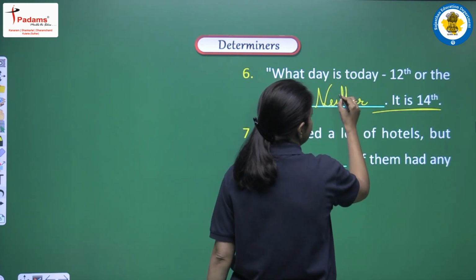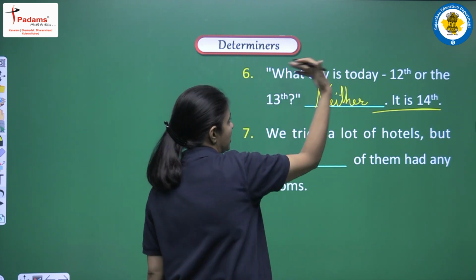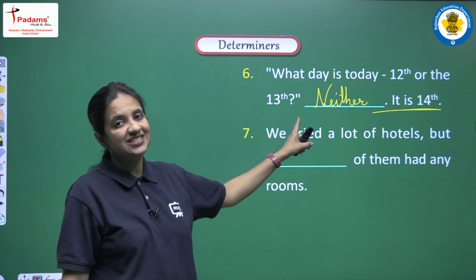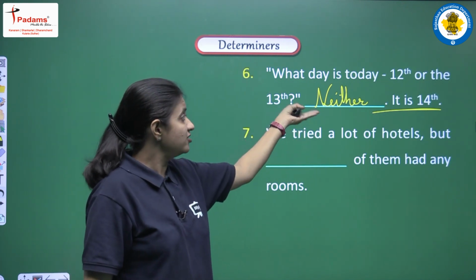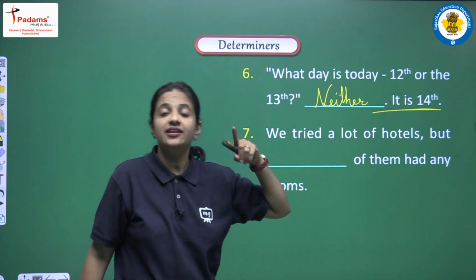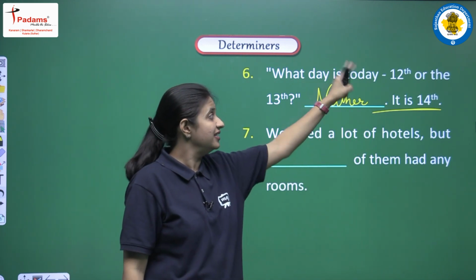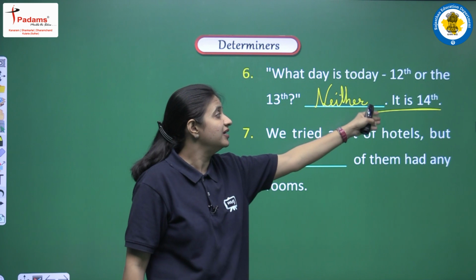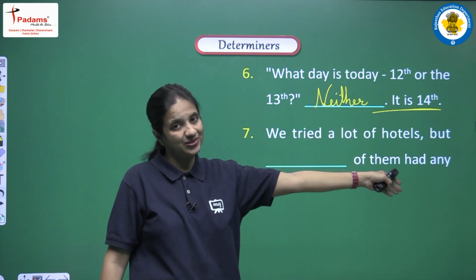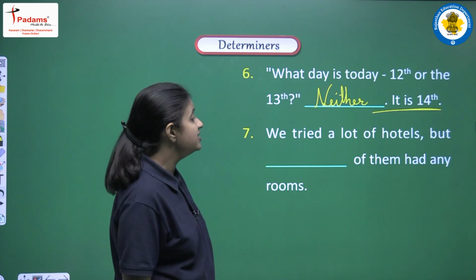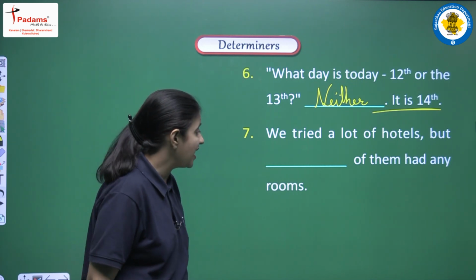Now observe this sentence one more time. One person is asking what day is today, and then he is giving two options. He is asking whether it is the 12th or the 30th. Then the other person is replying, and he is saying neither. It is neither the 12th nor the 30th, but it is the 40th. Okay. Next is, we tried a lot of hotels, but blank of them had any room.